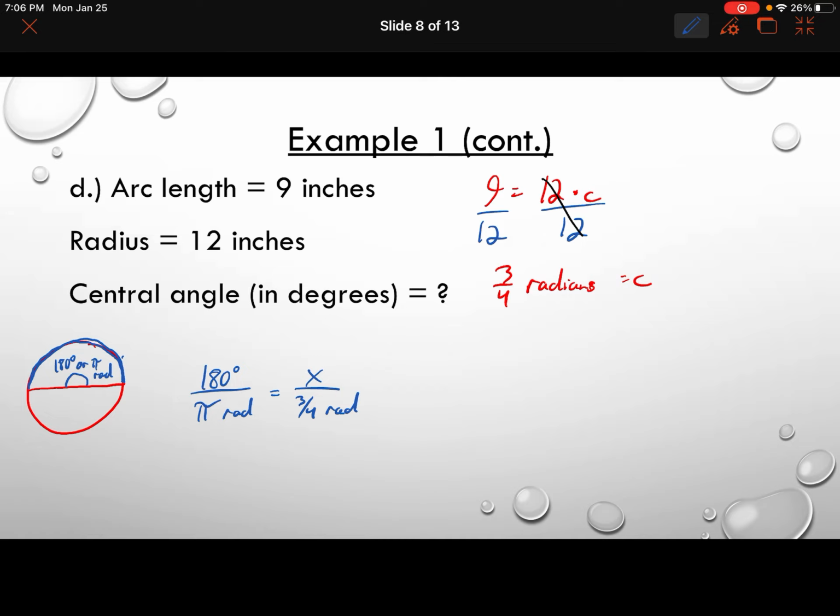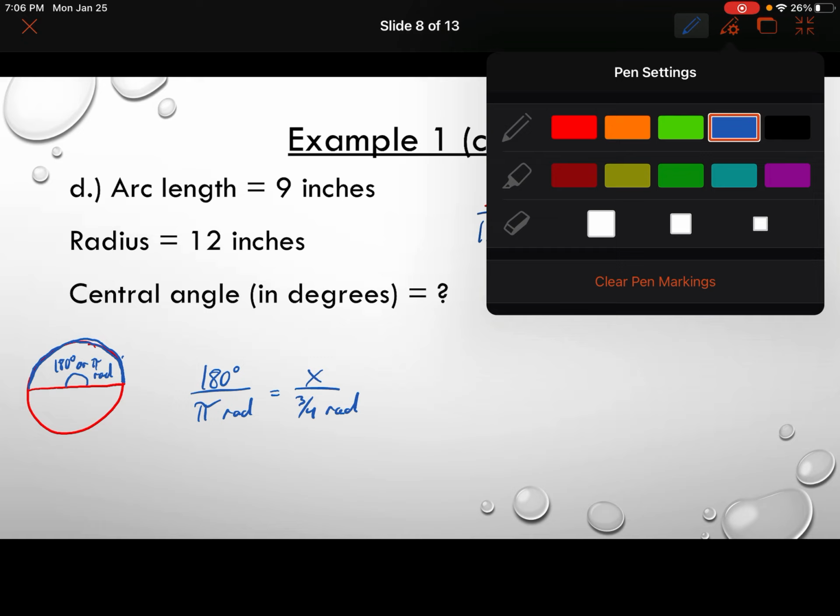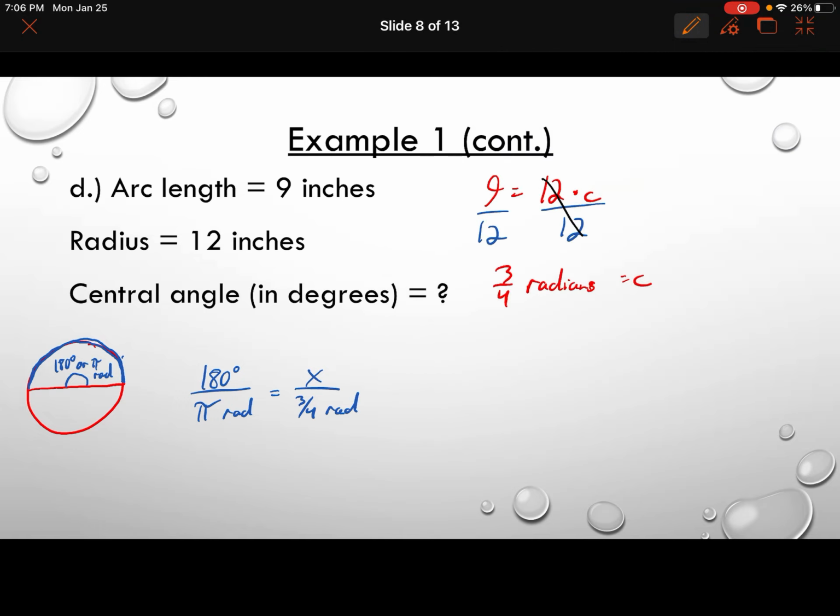Some students at this point just like to cross multiply, which you can, but this shouldn't be that tricky because we could just multiply both sides by 3/4. But for the sake of consistency, let's cross multiply, because in some problems cross multiplication will actually be easier.